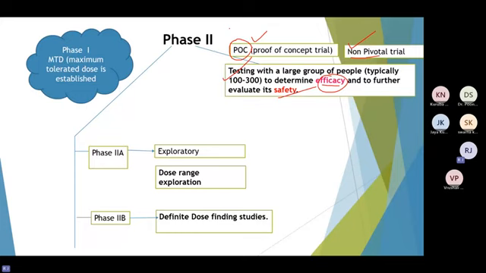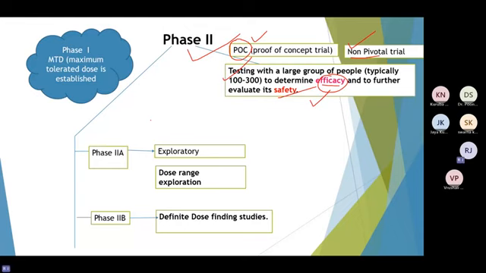Based on phase 2 data, sponsor companies cannot sell the drug in the market. That's why it's called a non-pivotal trial, and also a proof of concept trial. Everybody is clear, right? Because this is the first time we are going to test the efficacy. Always remember, this is very important.